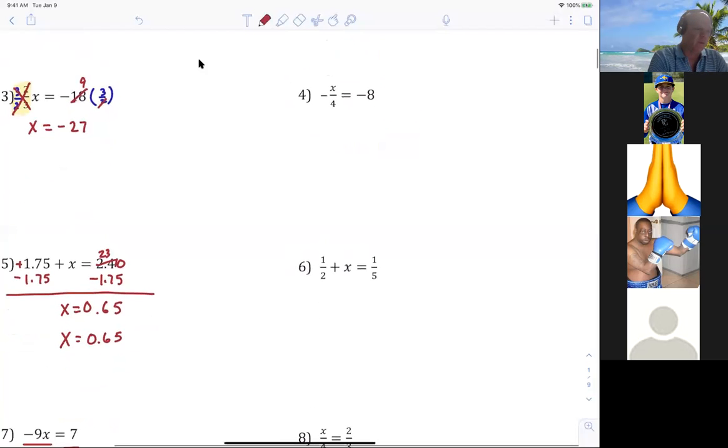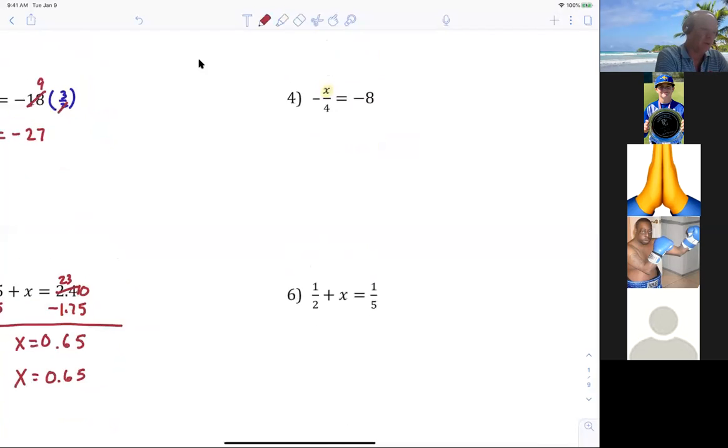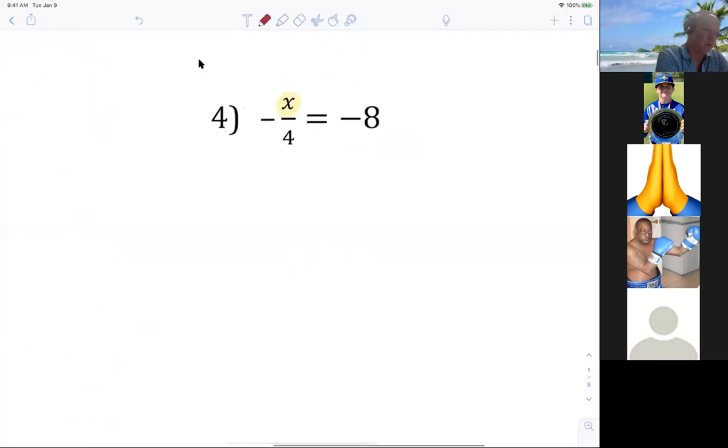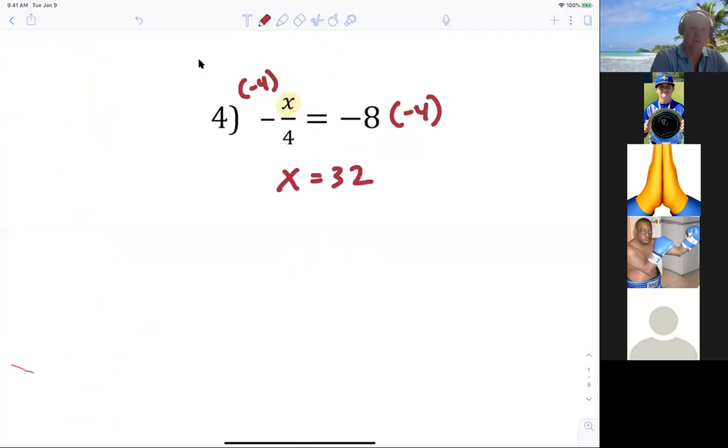Number 4, that's still isolating the variable. Now there's dividing by -4. So to undo the dividing by -4, you're going to multiply by -4. I'm sure this is very easy for most. x equals 32.